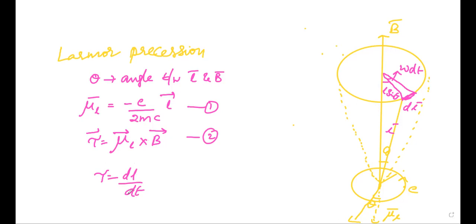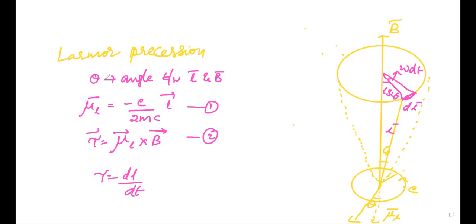The change dl bar is perpendicular to L. That means the change is in the direction of torque, and the torque is perpendicular to L bar. The angular momentum remains constant in magnitude, but changes in direction.